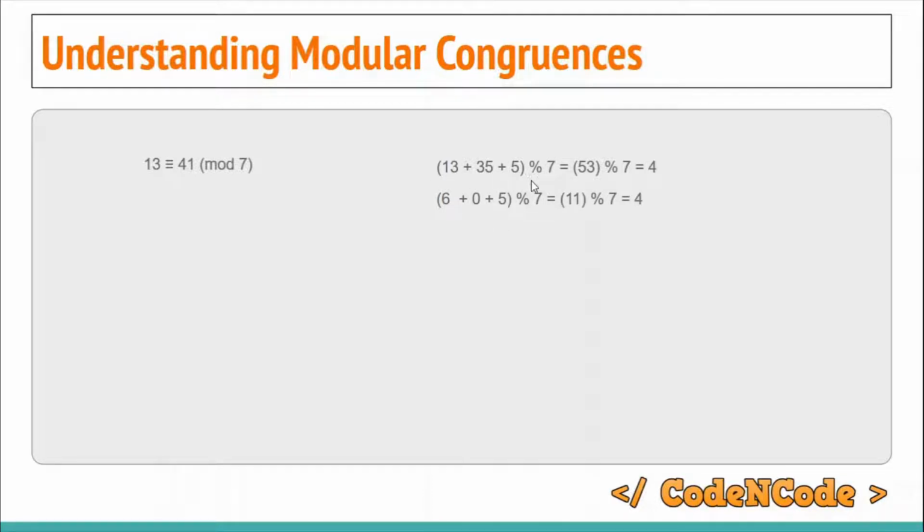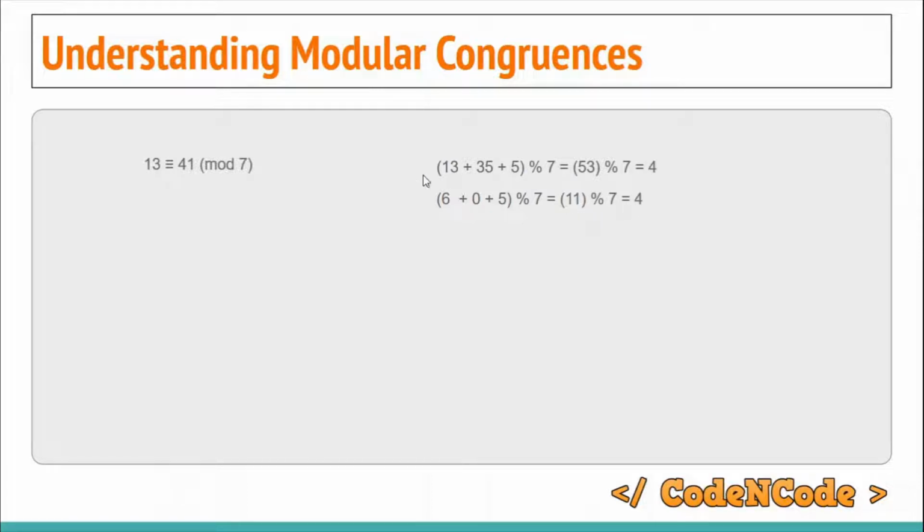There are two ways: either apply the operators and then apply modulo, as in the first equation, or apply modulo before addition and then add them. The result comes out to be 11, and since this is above 7, it is not a remainder, so we have to take the modulo again. 11 modulo 7 is 4.